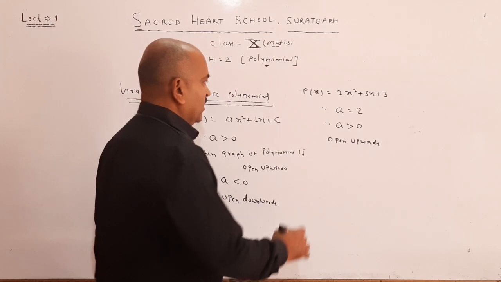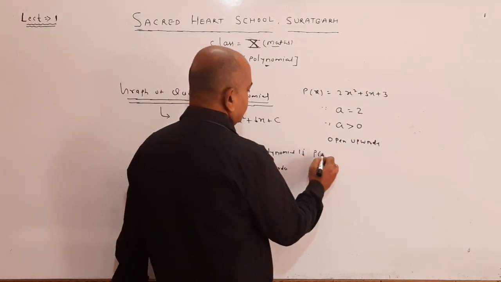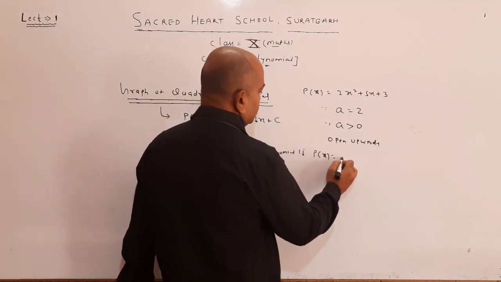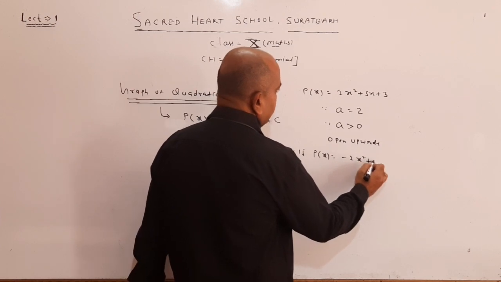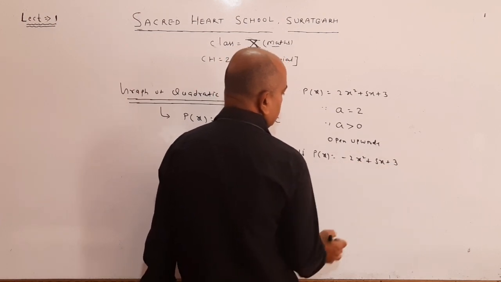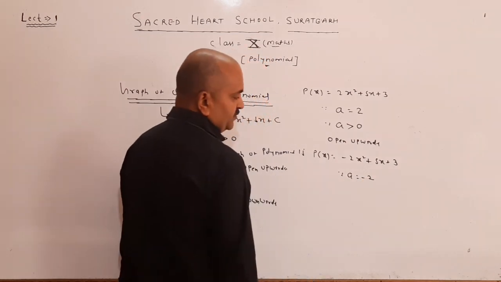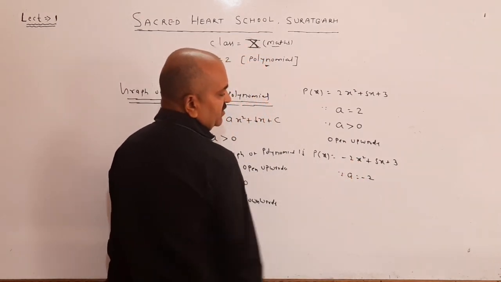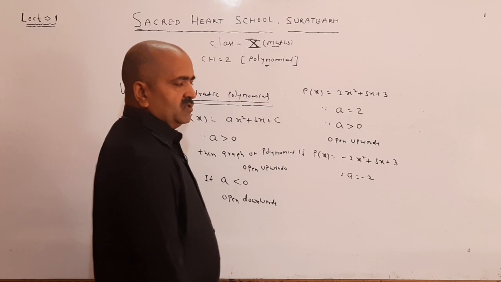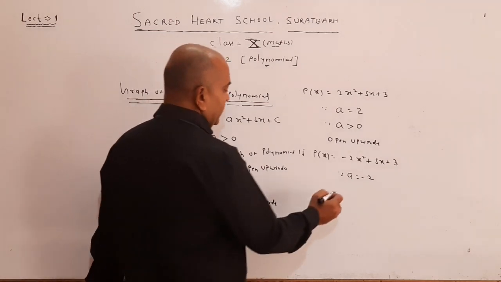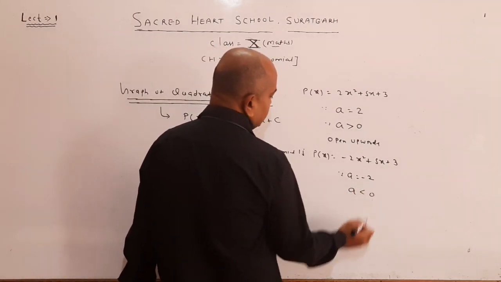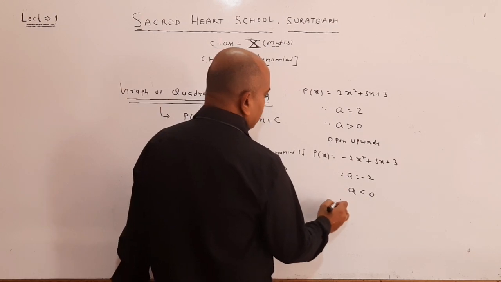If the coefficient of x squared is negative, then open downward. Now students, second example, suppose a polynomial is given of this type. The value of a is -2, because the coefficient of x squared is -2, so a is less than 0. Then what is the type of this graph?